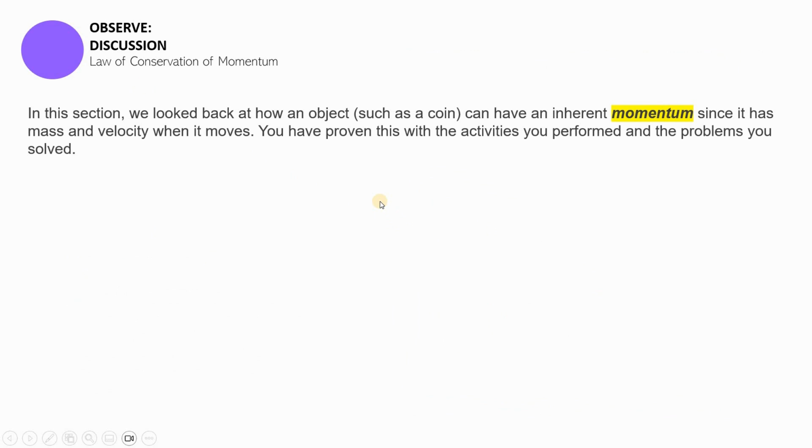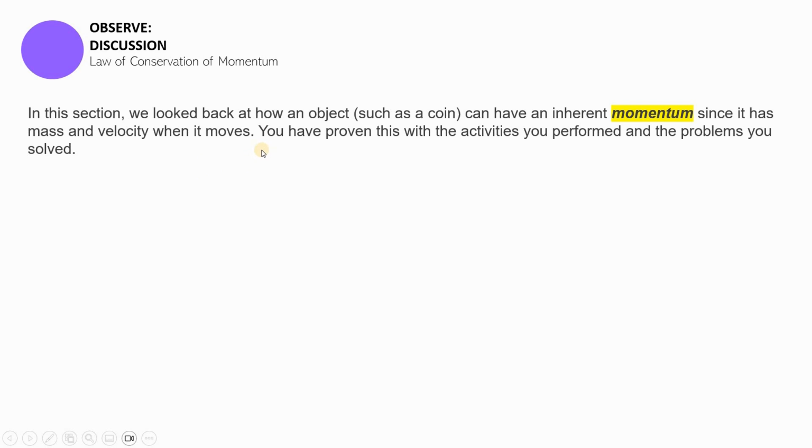In this section, we looked back at how an object, such as a coin, can have an inherent momentum since it has mass and velocity. Now, let us make sure that we understand na yung coin na pinag-uusapan natin dito was actually that coin na gumagalaw, okay? Hindi yung mga coins na stationary.